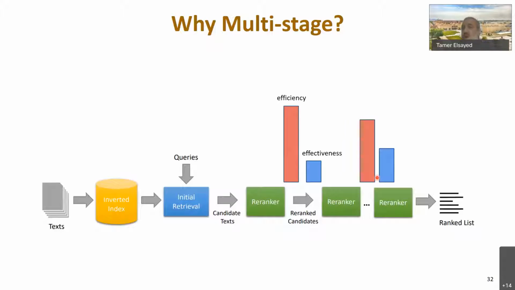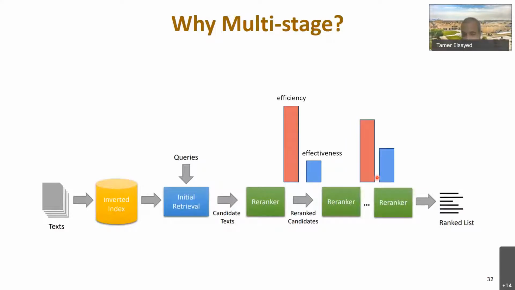So I want to be wise in using complex features and complex models in my retrieval process. I don't want to spend a lot of time on so many documents, most of which are non-relevant. So I might use a very fast way to get rid of most of those non-relevant quickly, so that I can focus on the ones that are potentially relevant.